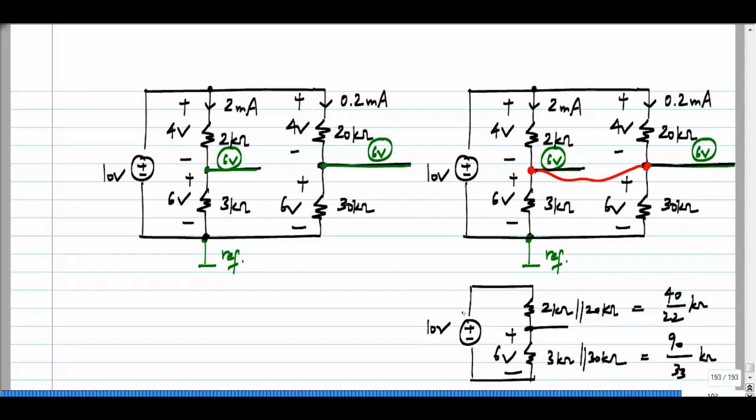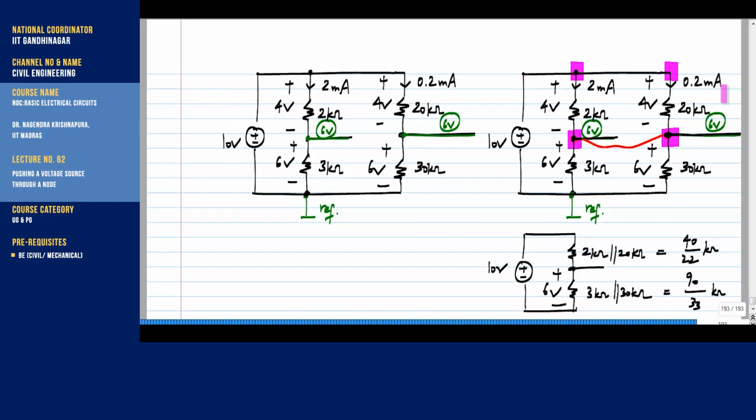So, this voltage will still be at 6 volts, and these currents, now if you look at this resistor for instance, we have 4 volts across the resistor and 2 milliamps through that and 0.2 milliamps through the 20 kilo ohm resistor and so on. So, the voltages and currents in the circuit do not change if you take 2 points which are at the same voltage with respect to the reference node and connect them together. Now, later we will see that there is some exception to this, but for now we can consider this to be true.